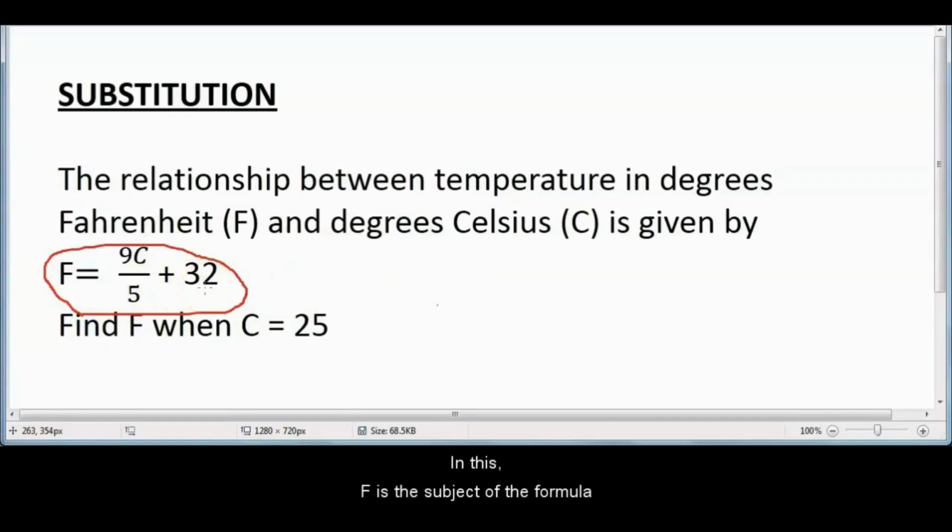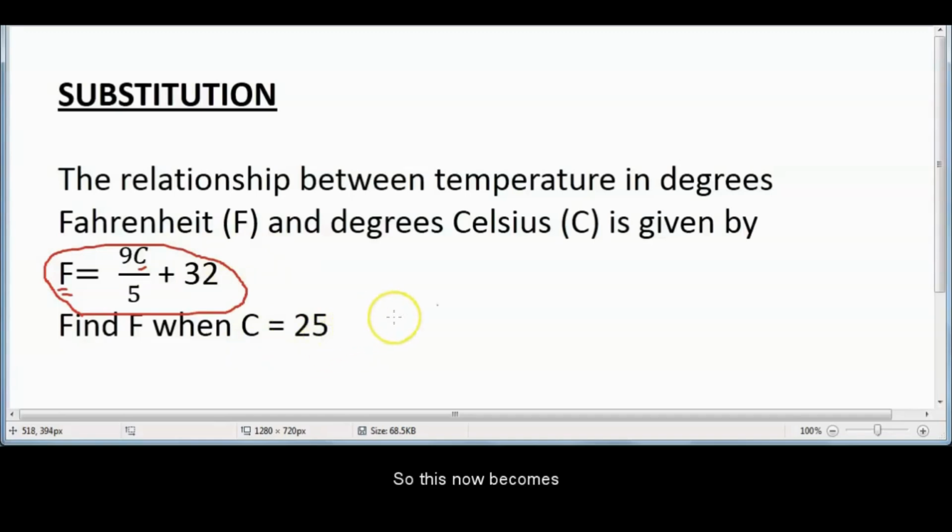From this, F is the subject of the formula. It is the variable on one side of the equation. So to calculate F, the value of C has to be revealed. That's the other variable on the other side of the equation. And we are lucky it has been given as 25. So we're going to substitute it into the formula.